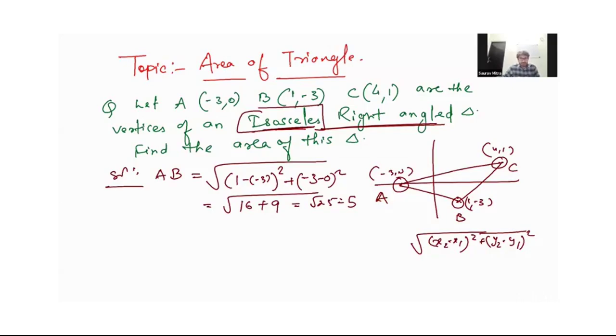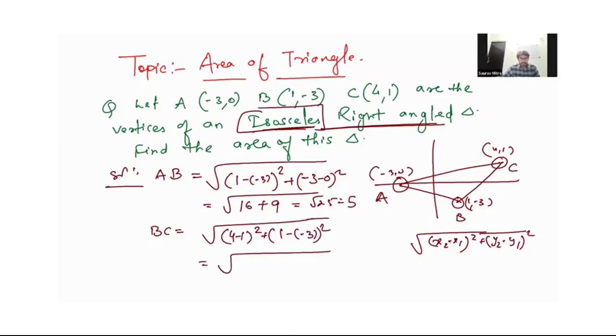After finding AB, I will find the length of BC. That means it will be C minus B. I have to find the distance between B and C by using the distance formula. So it will be (4 minus 1) square, I am taking my C coordinates first, plus (1 minus of minus 3) square.